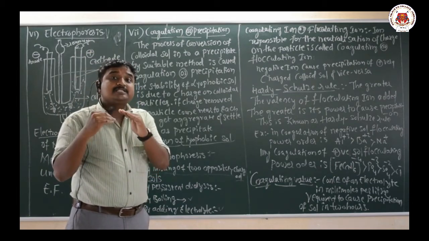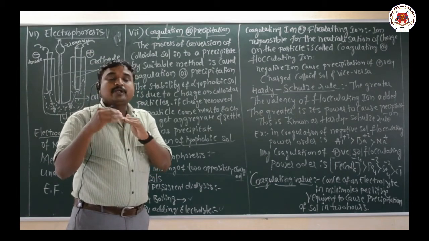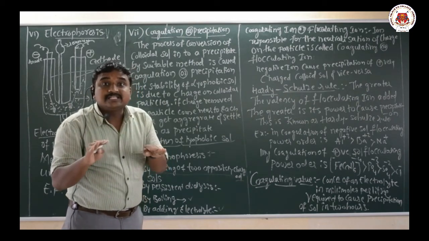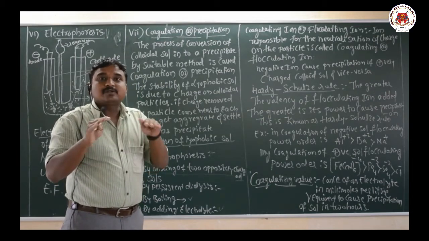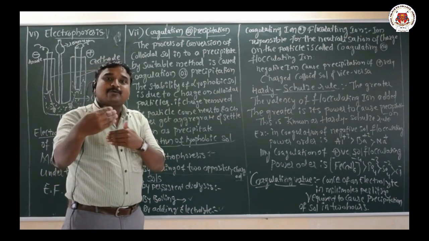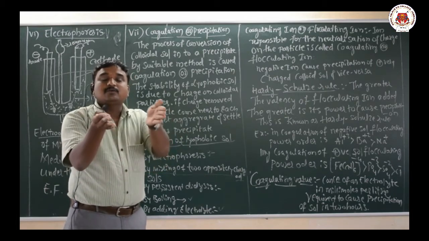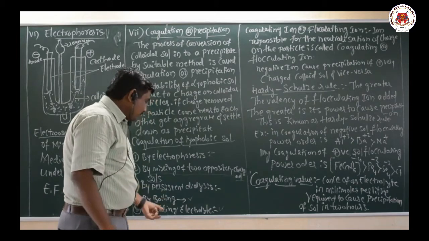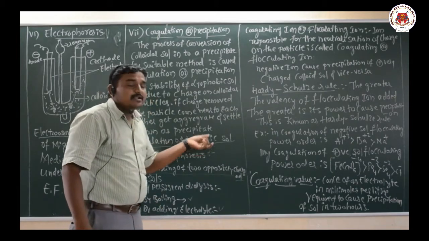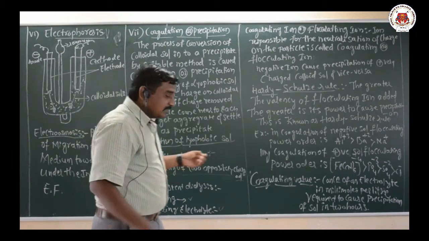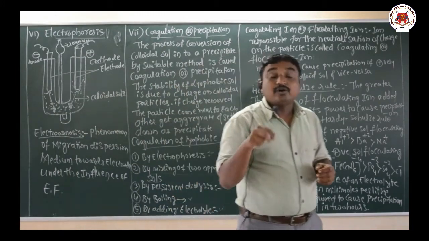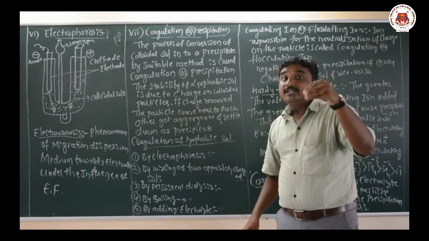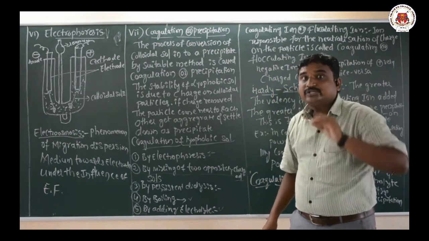When we add the oppositely charged electrolyte, neutralization takes place. After neutralization, the charges are removed, and the colloidal particles aggregate and settle down. This is a method used for coagulation of lyophobic sol. Here the ion which is added for coagulation is the oppositely charged electrolyte to the colloidal solution.